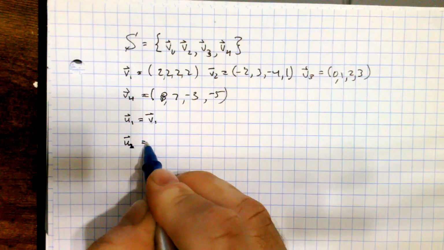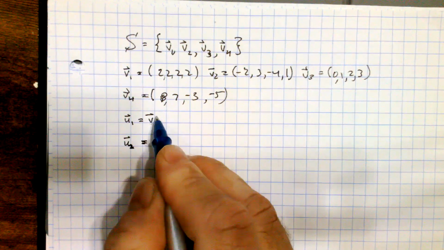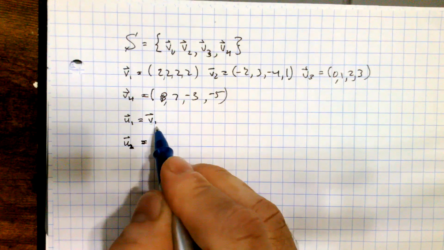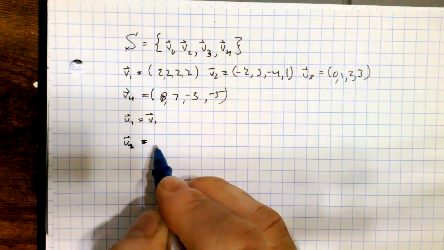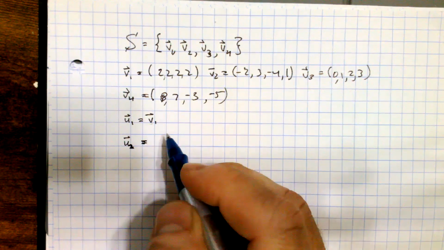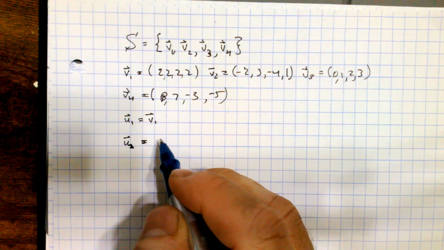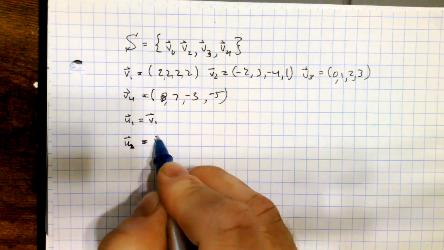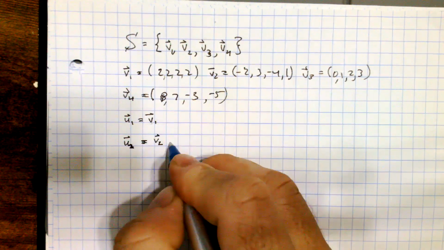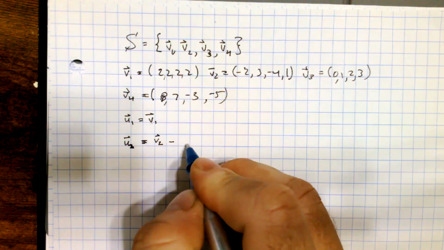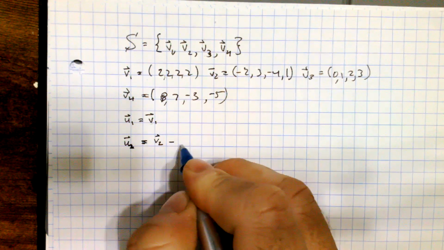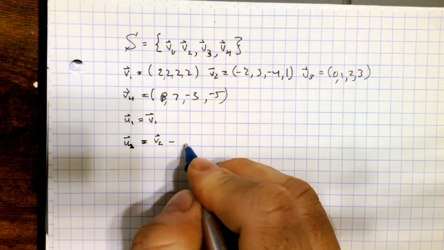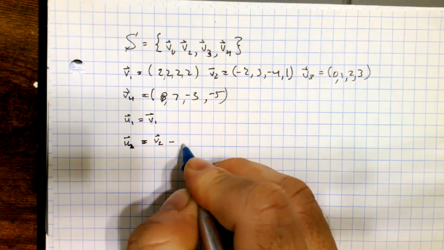We're going to look at the parallel and perpendicular components of this vector, and we're looking at the projection. So the Gram-Schmidt process says you take your v2, the second vector in your basis, and you subtract off of it any components that are not perpendicular to it. So you're subtracting off the parallel components.